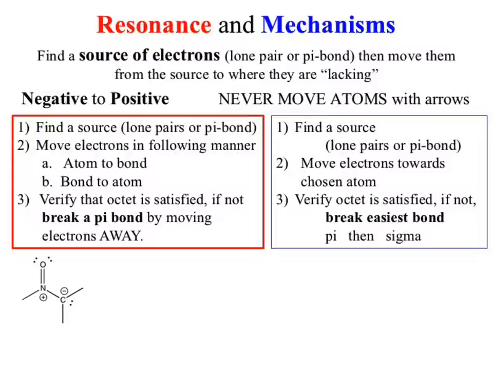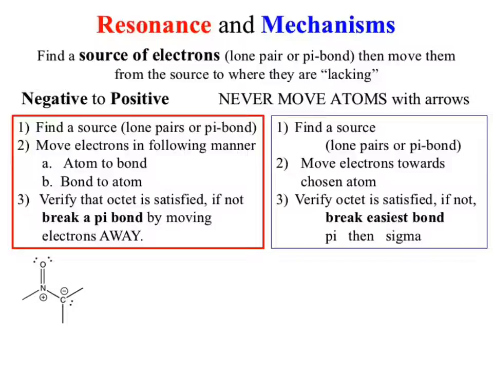In so doing, in the case of resonance, we just say, did I draw a valid structure? If yes, then I'm done. If it wasn't valid, that's where we'd move into rule 3. If an octet was exceeded, we could break pi bonds by moving electrons away.